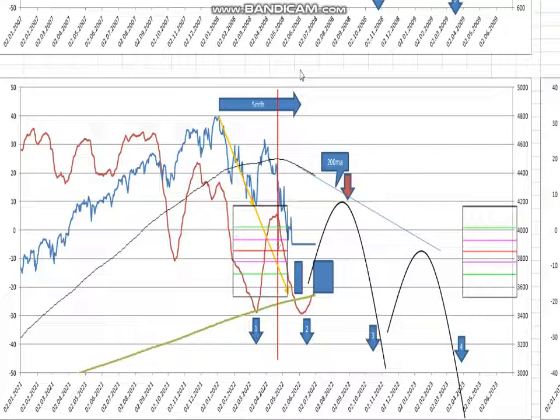We saw that in the year 2000, 2008, and if we go back to the previous cycle, we have 1968, 69, and around 1973. And these bear markets have some similarities.